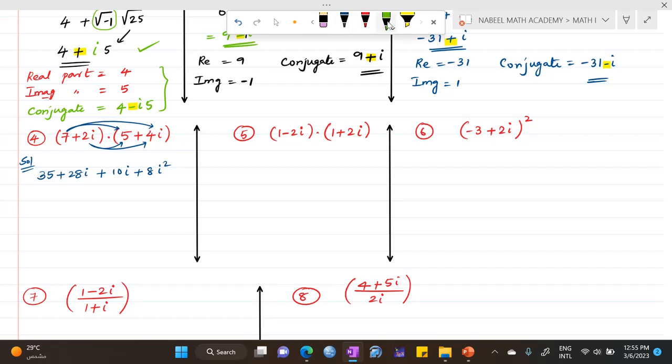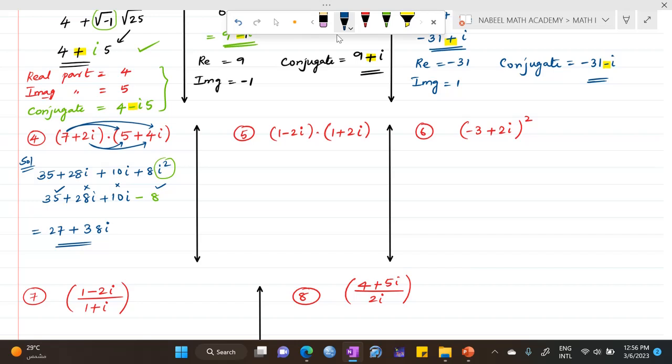Since we know that i square is equal to minus 1, if you multiply you will get minus 8, and the remaining part will be the same, 35 plus 28i plus 10i. Now add the real with the real term, which is 27, and the imaginary with the imaginary part, which is 38i. So this is the final answer.